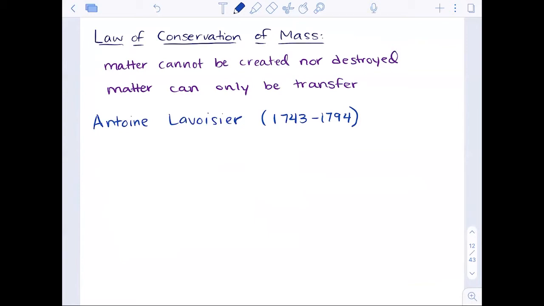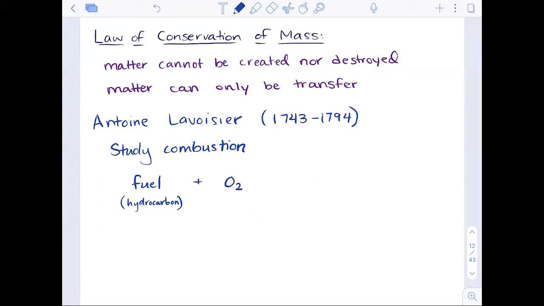So Antoine Lavoisier was a French chemist, and he studied combustion. The reason I love him is he studied reactions that blow up. Like, how cool is that? Combustion reactions, in general, you take some sort of a fuel, which is usually a hydrocarbon, meaning it has hydrogen and carbon in it.